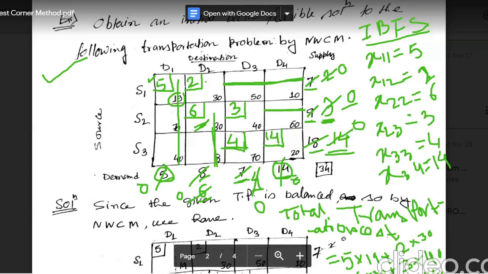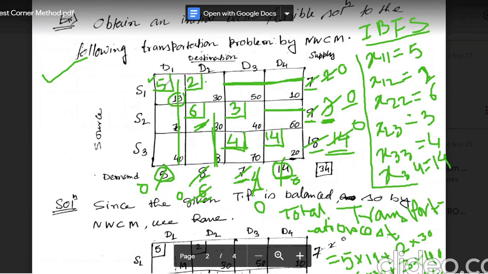This gives us, according to the positions I have written here, the initial basic feasible solution for the given transportation problem. These numbers are nothing but the transportation cost per unit.